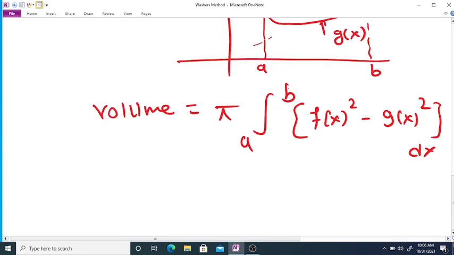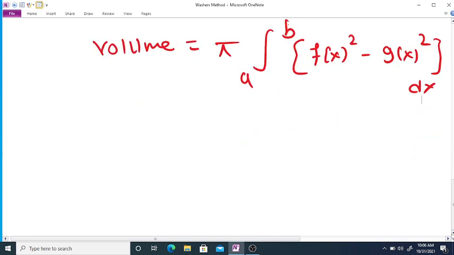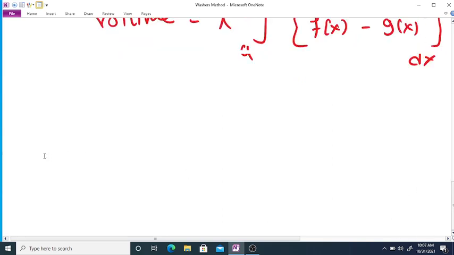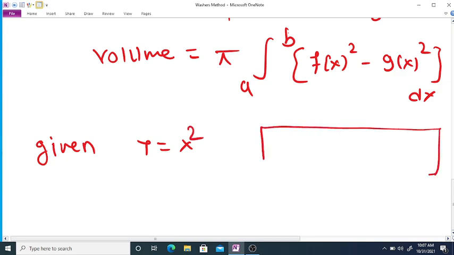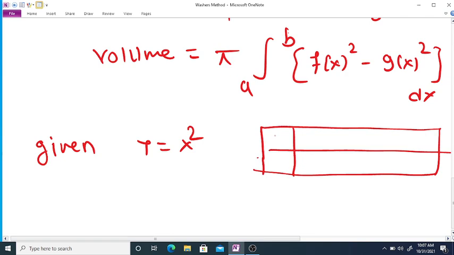Now it is given y is equal to x square. So if we want to draw the graph of this function, we require at least 3 to 4 points.